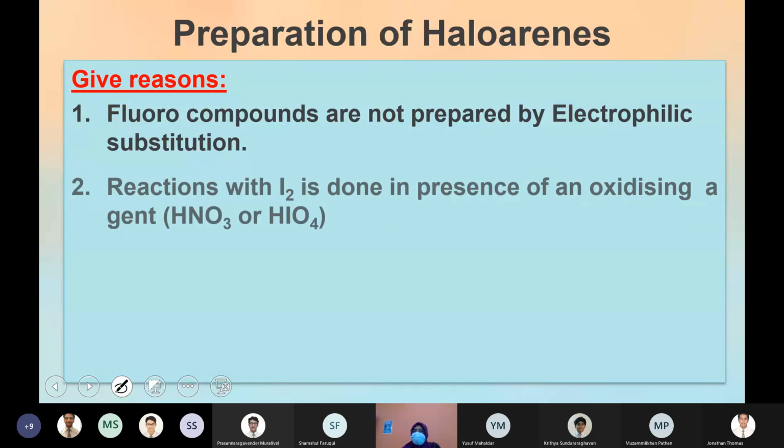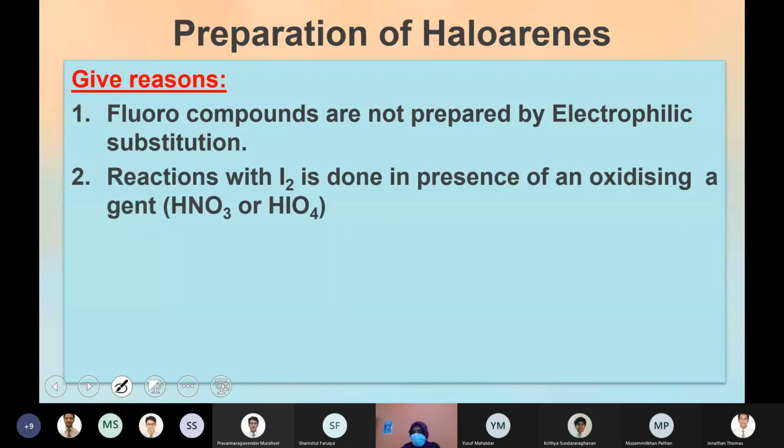Second question, if you want to do it with iodine, then instead of Fe or FeCl3, you have to use strong oxidizing agents like HNO3 and HIO4. FeCl3 is a Lewis acid, a weak acid. So weak acids are not enough when you're doing it with iodine.